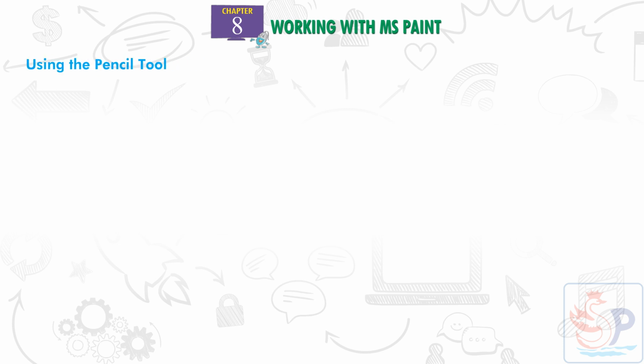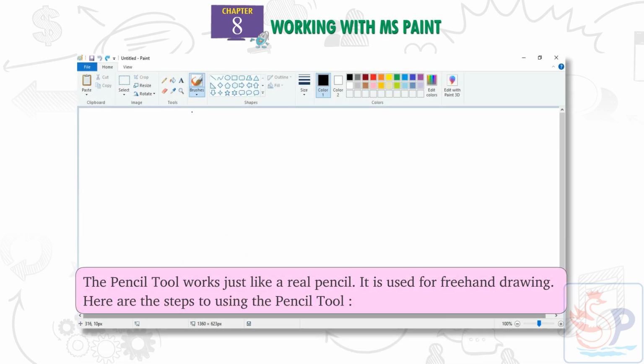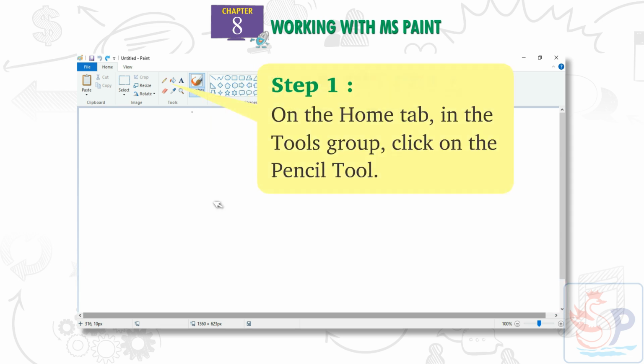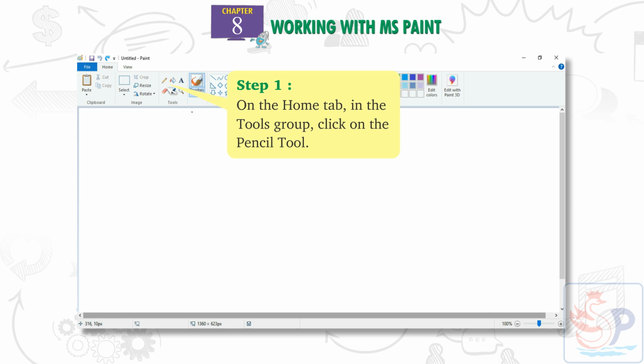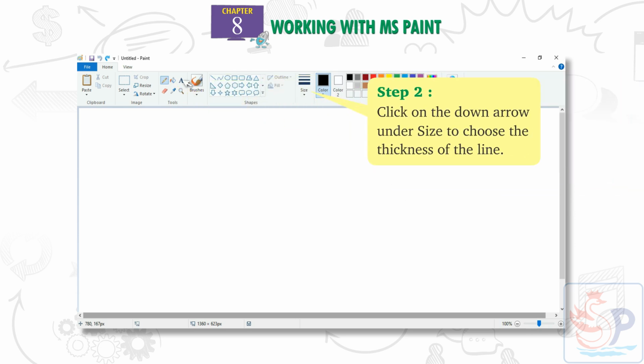Using the pencil tool. The pencil tool works just like a real pencil. It is used for freehand drawing. Here are the steps to using the pencil tool. Step 1. On the Home tab in the Tools group, click on the pencil tool. Step 2.